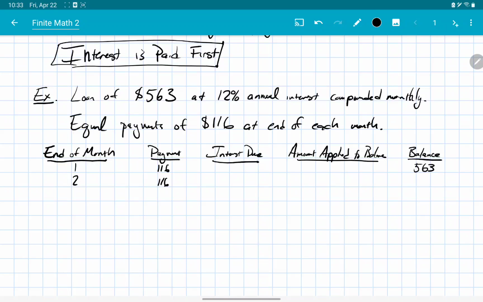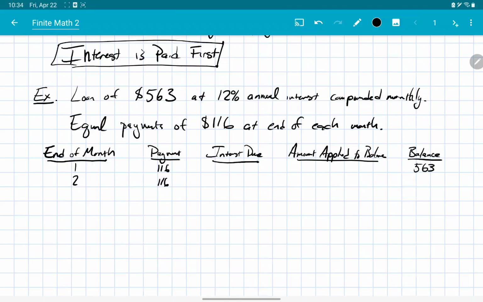And now we're going to start filling in this table. So, you took out a loan at the beginning of one month, right? And at the end of the month, you're going to owe a payment. Now, the loan is at 12% annual interest compounded monthly, so that means each month the interest is 1%.